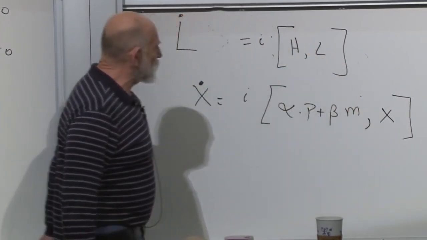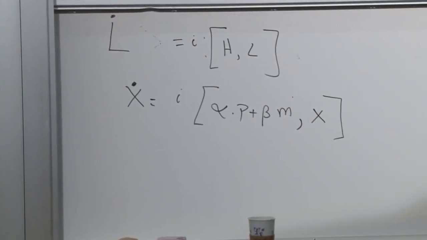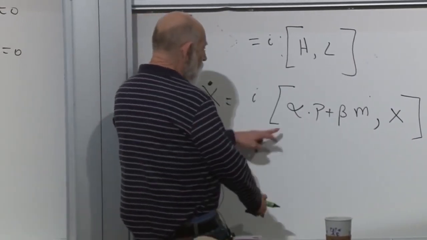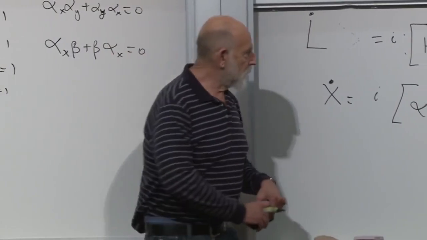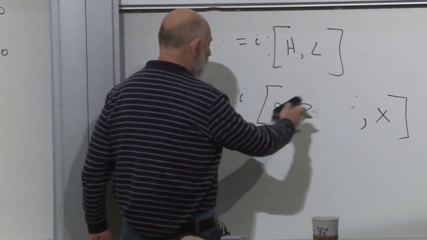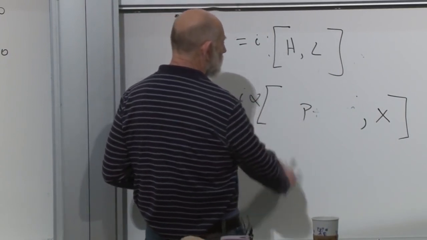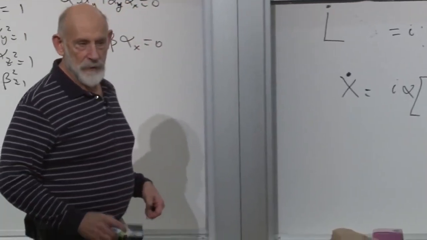What's the only thing in here which doesn't commute with x? P. Which component of p? P sub x. So when you work out the commutator, this is not here. Alpha commutes with x, so that means you can take it outside. And you just have commutator with p with x, which is what? Minus I h bar?